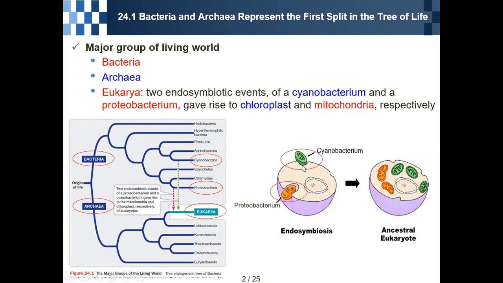So our eukaryotic cell engulfed the cyanobacterium and proteobacterium. After that, they became chloroplasts and mitochondria, respectively. Okay, so these are the major groups of the living world: bacteria, archaea, and eukarya.